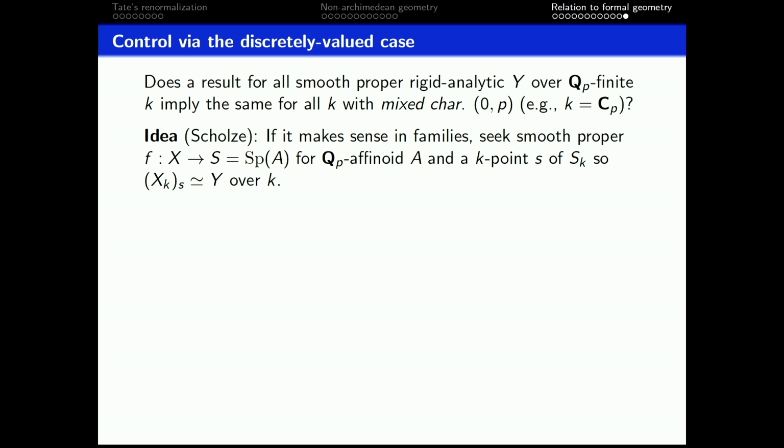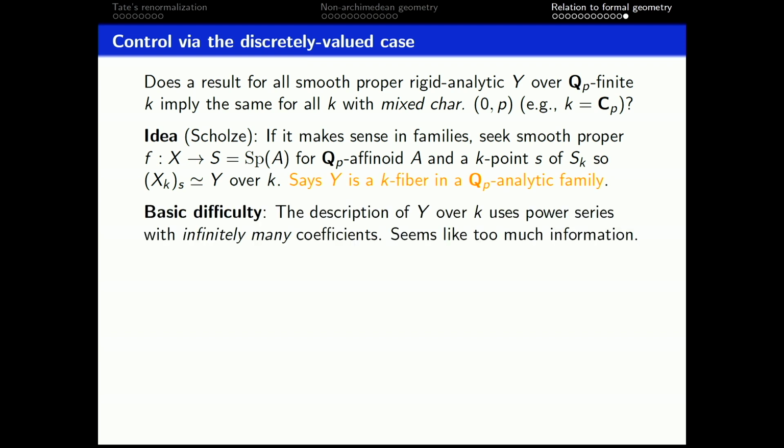If you're trying to prove some result in a general context, and it makes sense in families, then if you want to prove it for something over a possibly infinitely ramified field, if you could somehow realize your Y as a fiber in the base change to K over some point of an arithmetic family, in other words, you start with a Y over K, you're seeking some smooth proper family over a Q_p affinoid base, so that when you base change this to K, some fiber over a K-point gives you the original Y. If you could do that, then you could hope to take a result known in the arithmetic setting and deduce it in general.